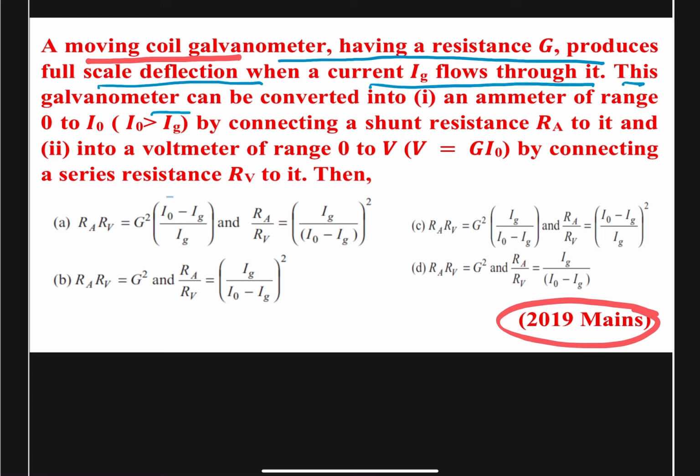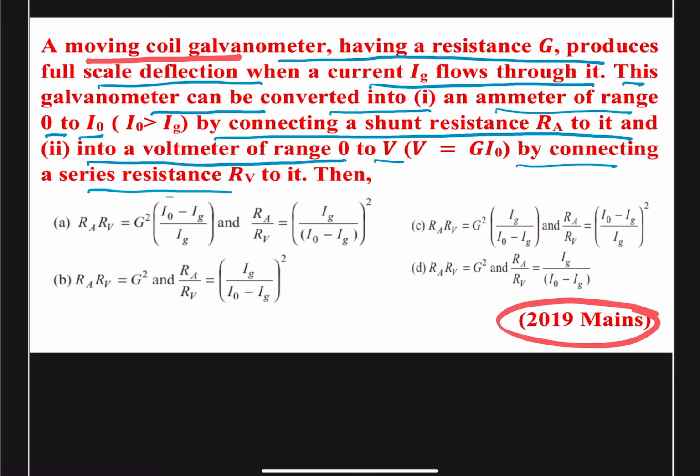This galvanometer can be converted into an ammeter of range 0 to I0 by connecting a shunt resistance Ra to it, and into a voltmeter of range 0 to V volt by connecting a series resistance Rv to it. Then we have to find out which option will be the correct one.